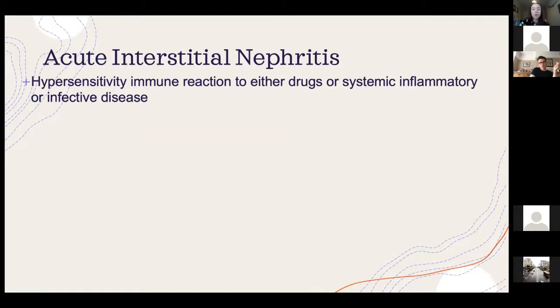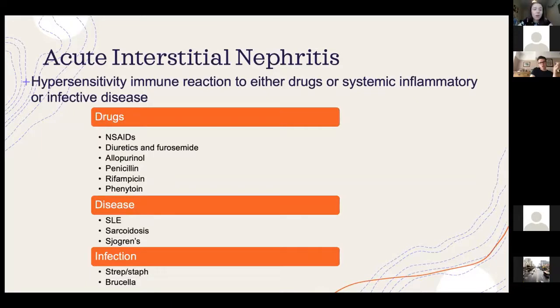So it might be an autoimmune disease causing systemic inflammation, or an underlying infection and sepsis. So these are the main causes that you see: drugs, disease and infection. Quite often the culprits in drugs are the expected ones: NSAIDs, diuretics, and then allopurinol, penicillin.